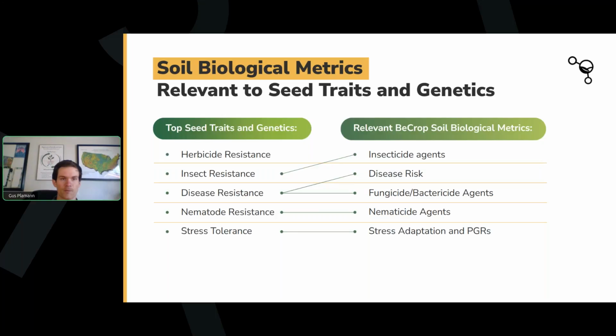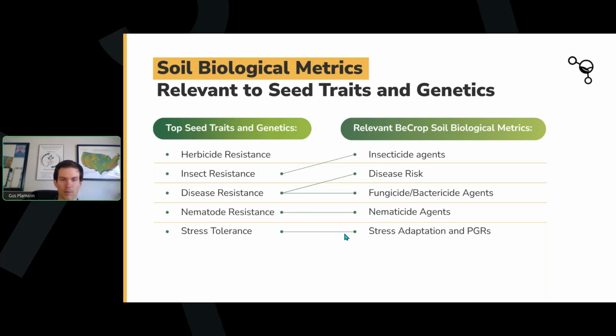So just to really quickly connect some of the BeCrop soil biological metrics that relate to these different seed traits and seed treatments. We're going to be looking pretty heavily at biocontrol agents, insecticide agents, fungicide and nematicide agents, as well as the disease risk indicators on the BeCrop report, and then stress adaptation and plant growth promoters or plant growth regulators.